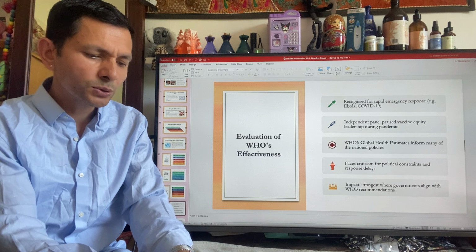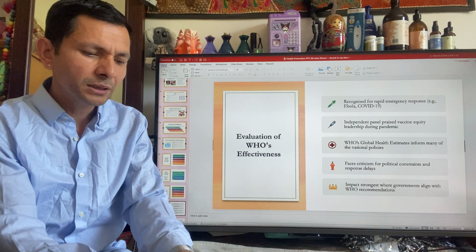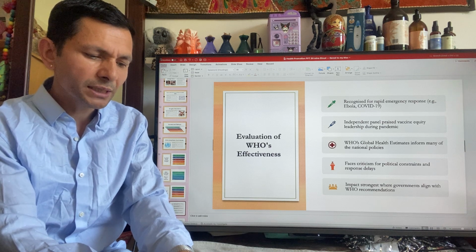WHO's data tools such as the Global Health Estimates are widely used by countries to shape national policies. However, the organization faces criticism for being politically constrained and sometimes slow to act under pressure. Ultimately, its impact is strongest in countries where national governments are willing and able to implement WHO guidance effectively.